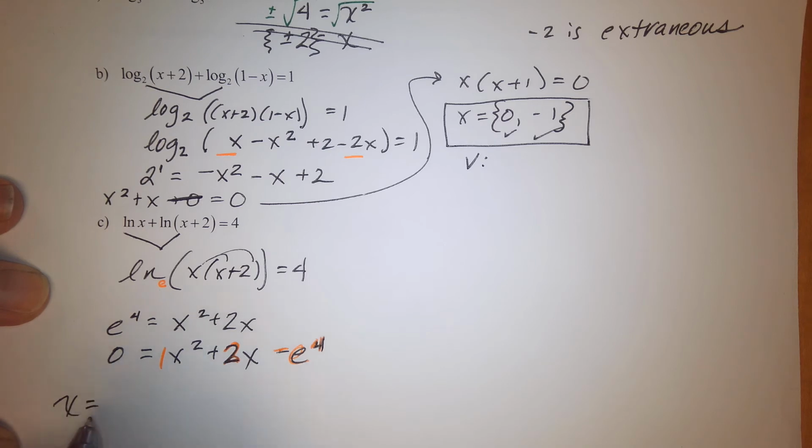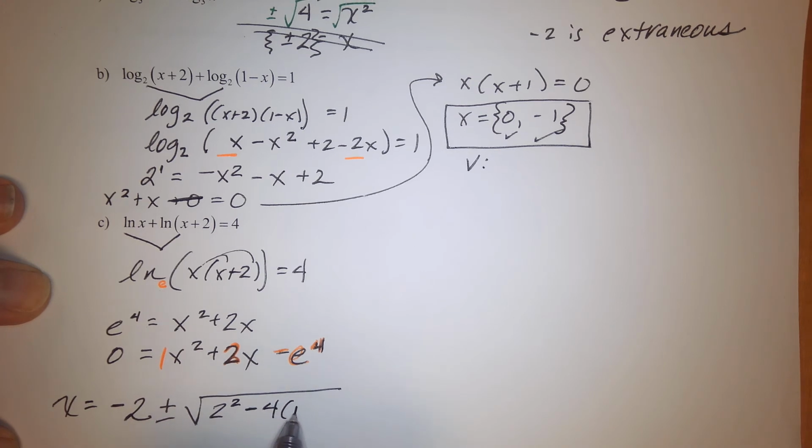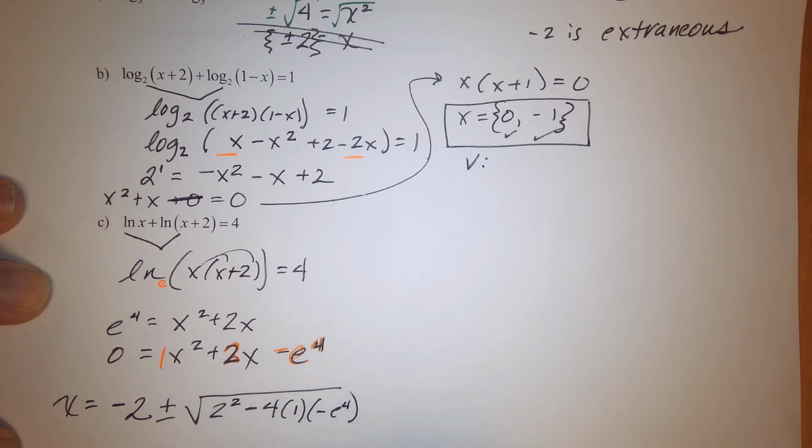So the quadratic formula says x equals -b plus or minus the square root of b squared minus 4 times a times c, all over 2a.